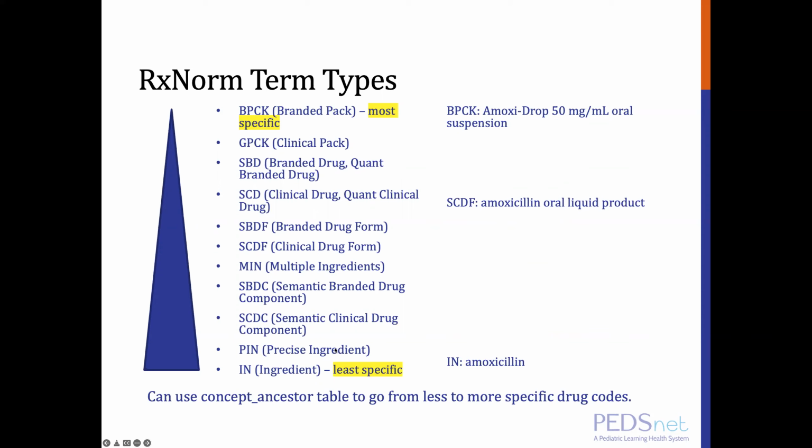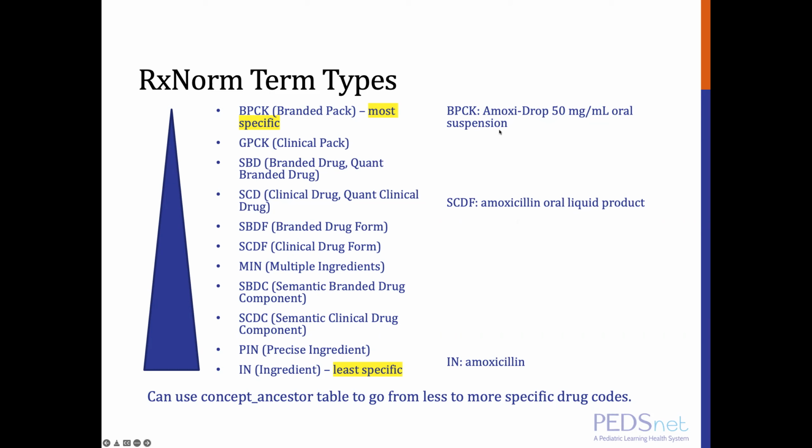You can go from the least specific, an ingredient such as amoxicillin, to higher specificity terms: branded components, clinical drug form, SCDF, which could be an amoxicillin oral liquid product, a formulation of amoxicillin, and then all the way to the most specific, like the branded pack. So here, amoxidrop 50 milligram per ml oral suspension.